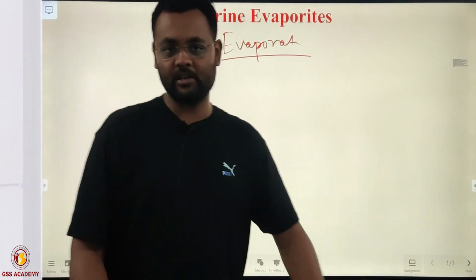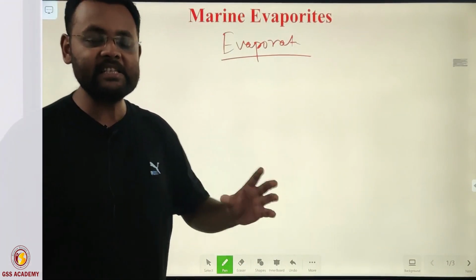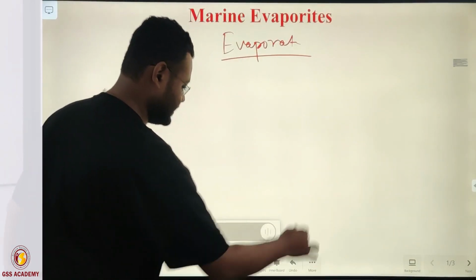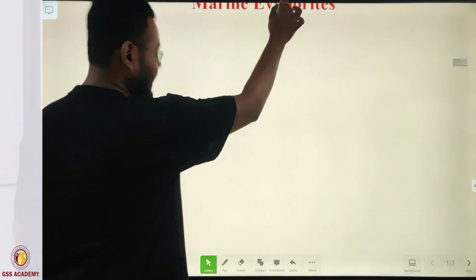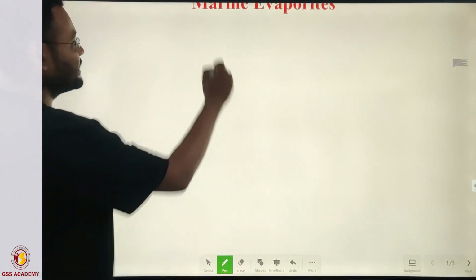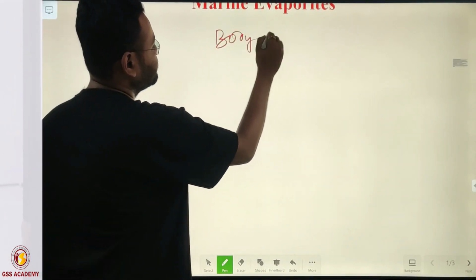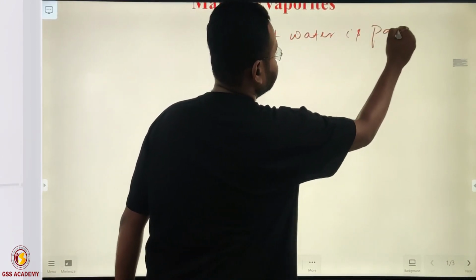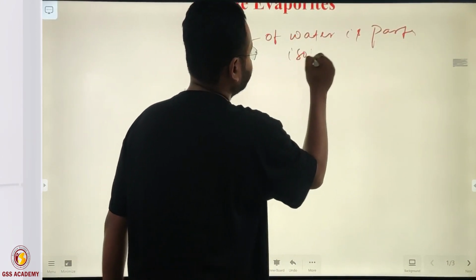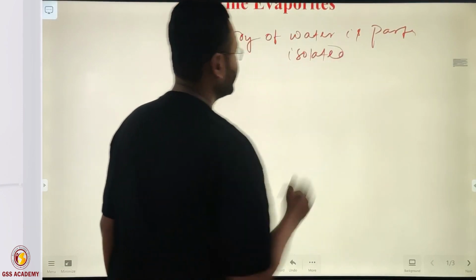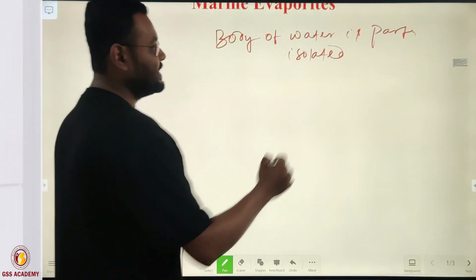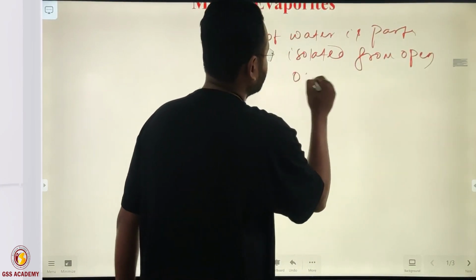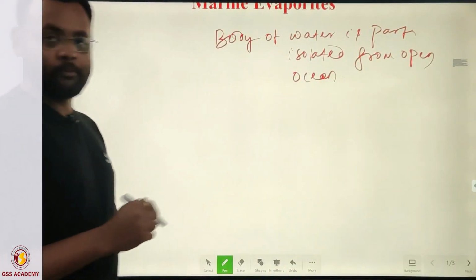Although we have seen that evaporites form by the evaporation of seawater, this process is not so simple. In a more elaborate way, evaporites form when a body of water is partially isolated from the open ocean.